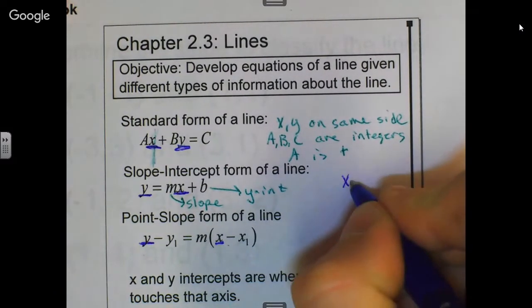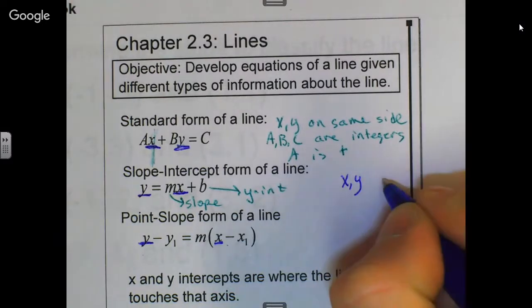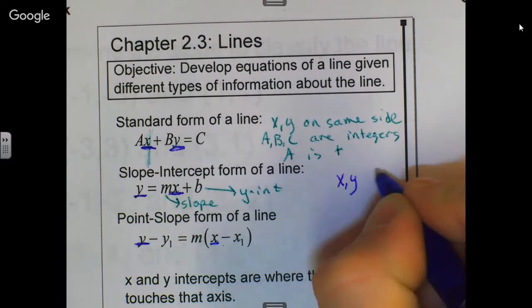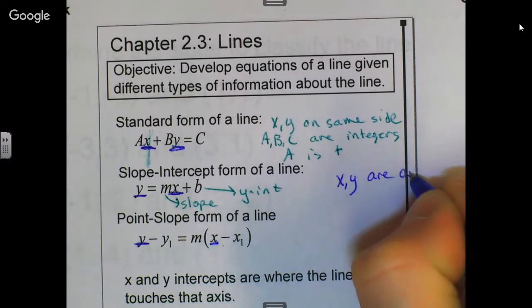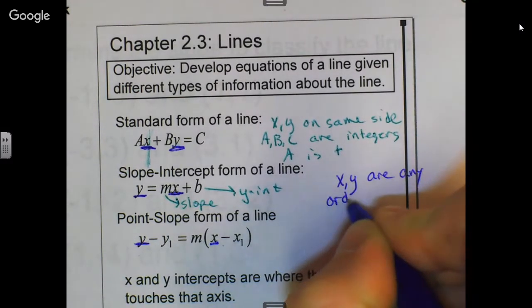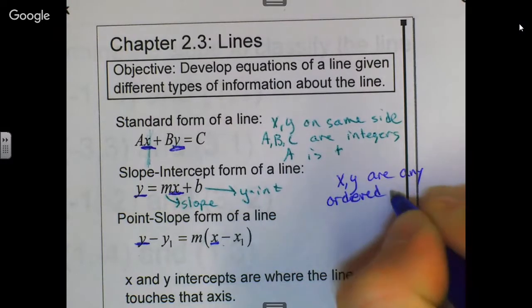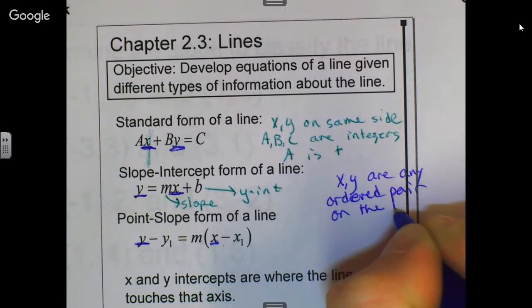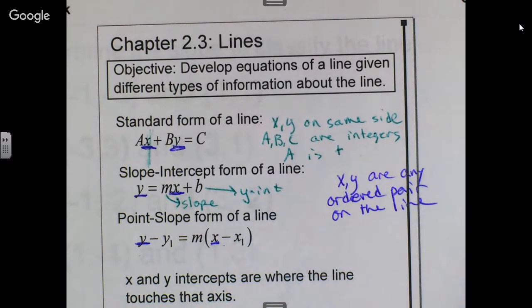The x, y just represent any ordered pair on the line. Is there any ordered pair that makes the equation true?